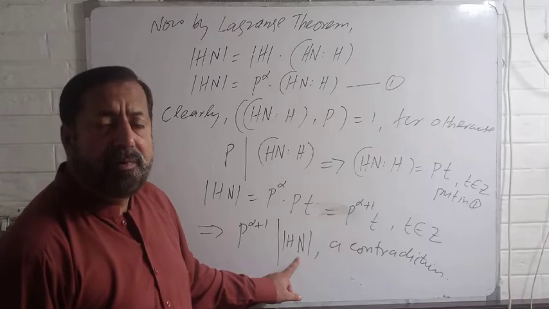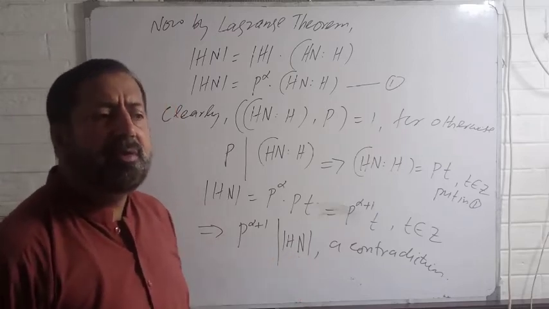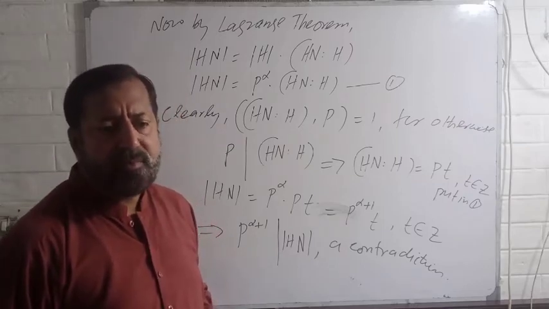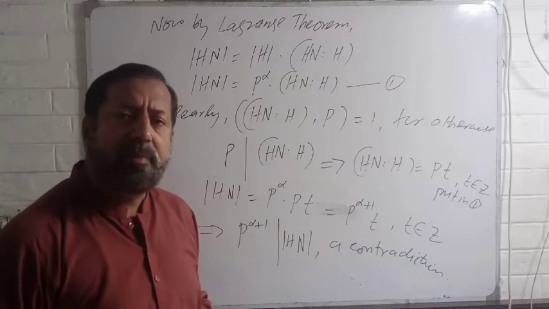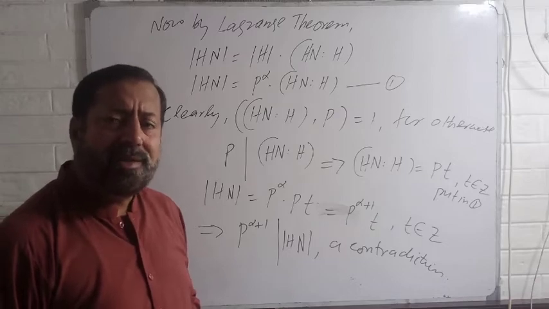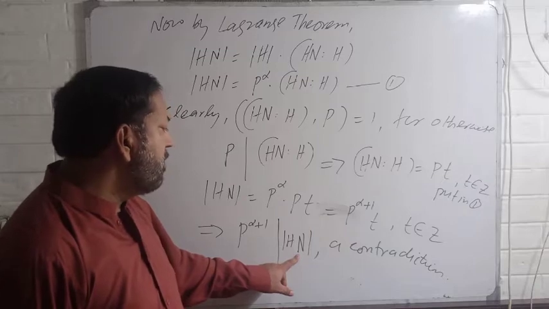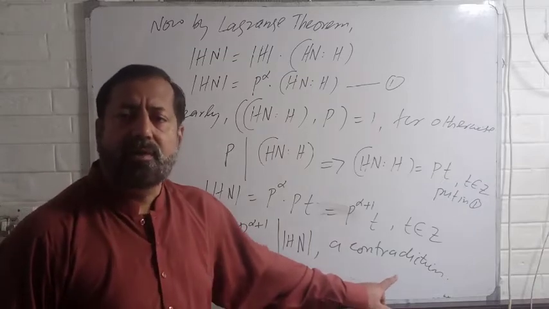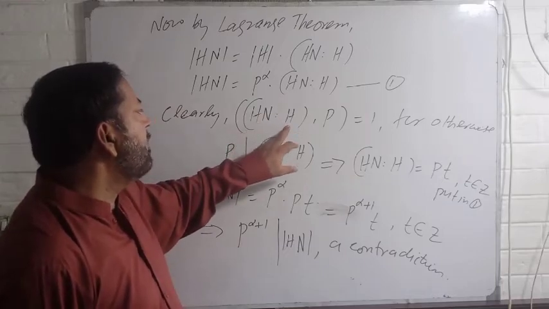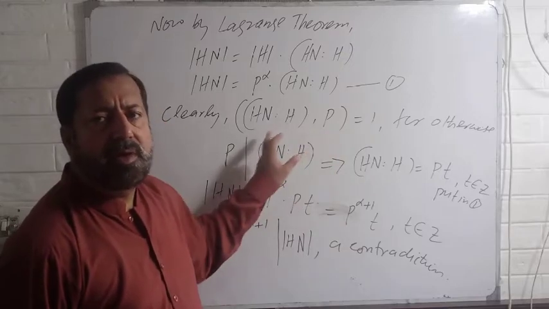But we have shown previously that if H is a Sylow-p subgroup in G, then H is a Sylow-p subgroup of HN as well. So p power alpha plus 1 does not divide the order of HN, and that is the contradiction. Hence the index of H in HN and p are relatively prime.